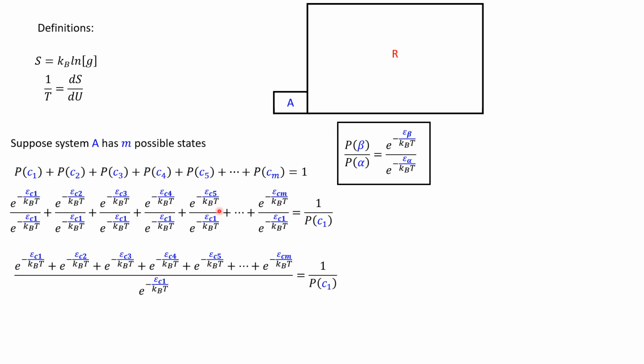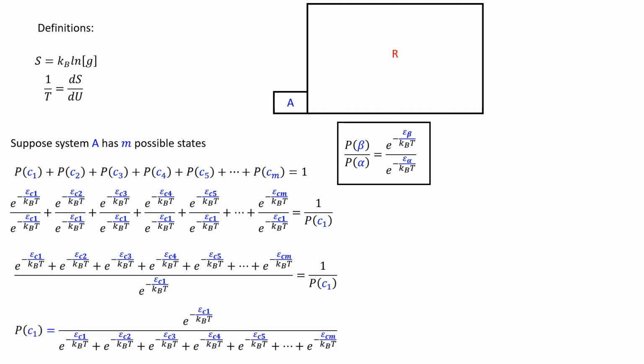Since we get the same denominator in all of these terms, we can group them into the numerator like this. So we have a probability of finding system A in the state C1. It's given by this expression, and notice that the sum involves the energies of all states of system A.